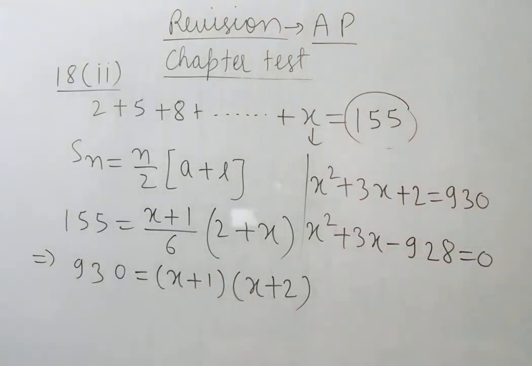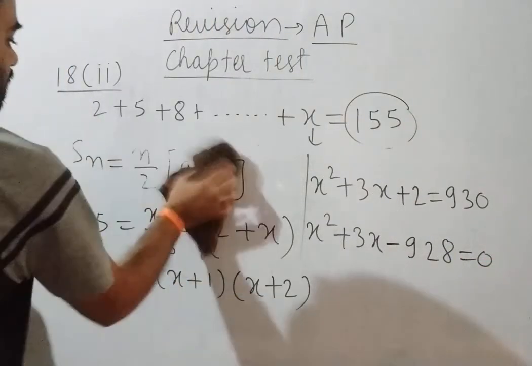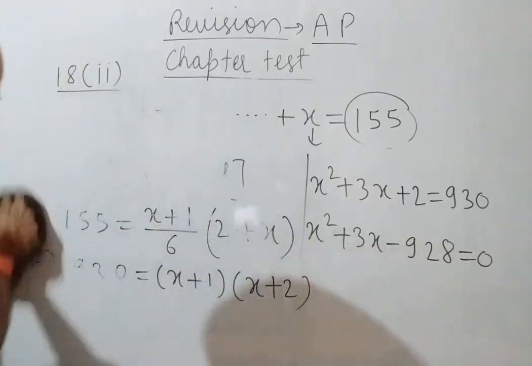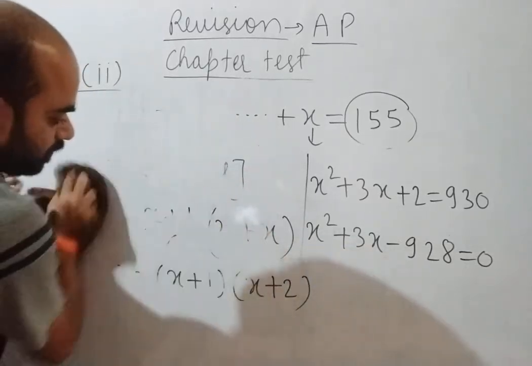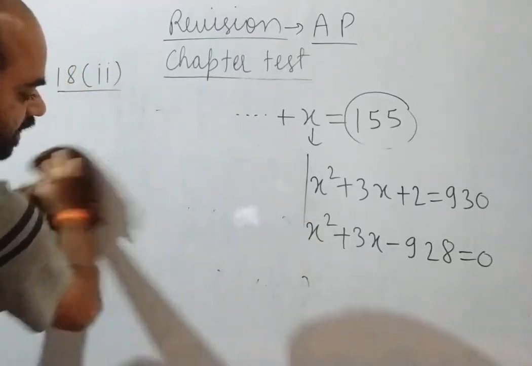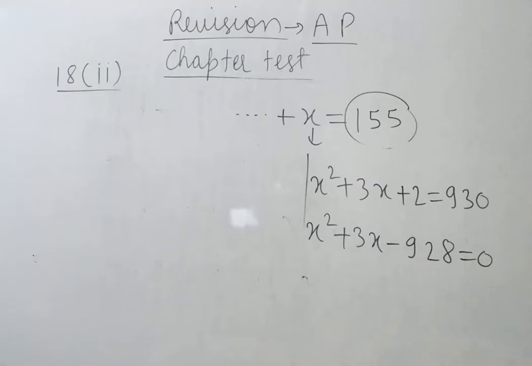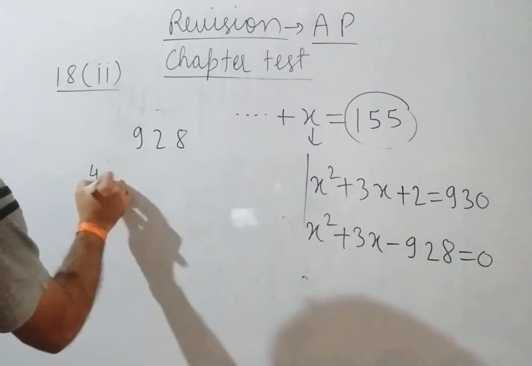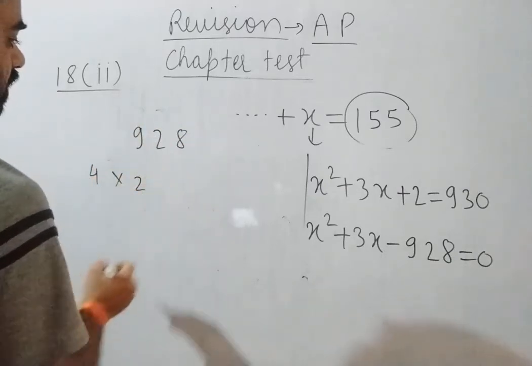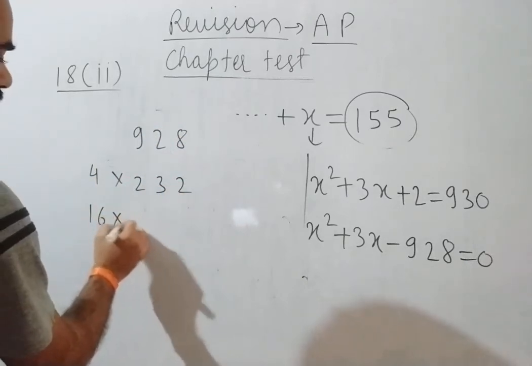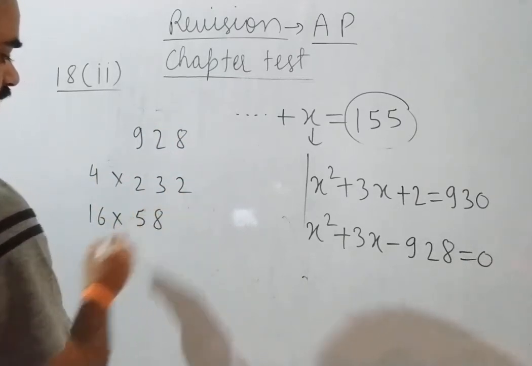So we have to solve this equation. Correct? So middle term splitting, or we can use the quadratic formula. What is the product for the middle term splitting? The product is 928. So divide by 4, this will be 4 into; again divide by 4; correct?